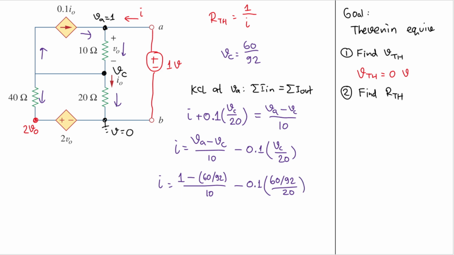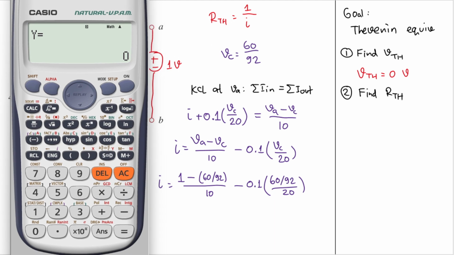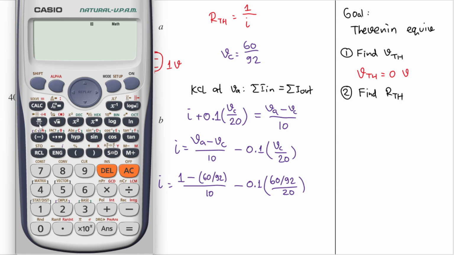All we need to do is plug this into the calculator. So we will have 1 minus 60 divided by 92 divided by 10, that is the first term, and the second term is 0.1 multiplied by 60 divided by 92 divided by 20.